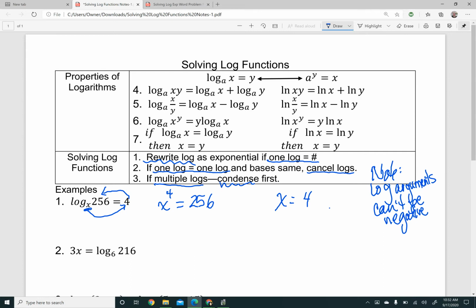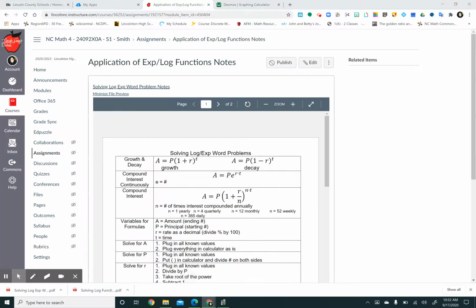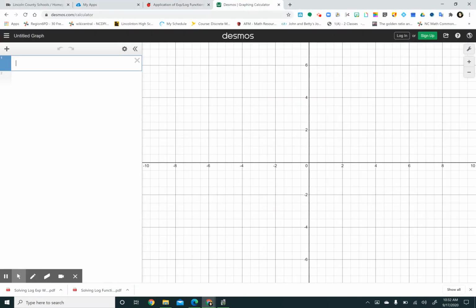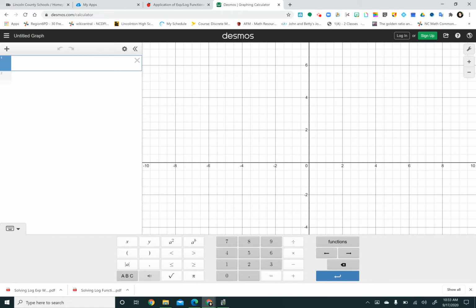Okay. So how would we have done that if we didn't have a calculator? Well, let's go over here to Desmos. Same concept in Desmos. We wouldn't need to do two lines. We would have just typed x to the fourth equals 256.